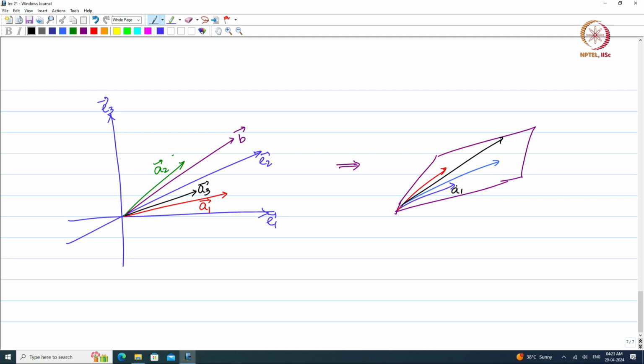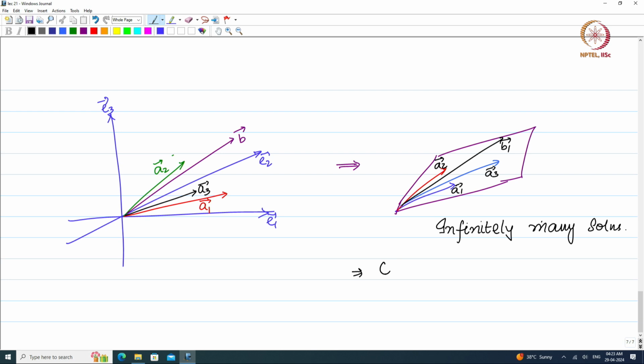So, you have the a1, a2, a3 and b vectors. If this is the case, that means b is something which can be expressed as a linear combination of those two vectors a1 and a2, then we say it is the infinitely many solutions case. What does this mean?